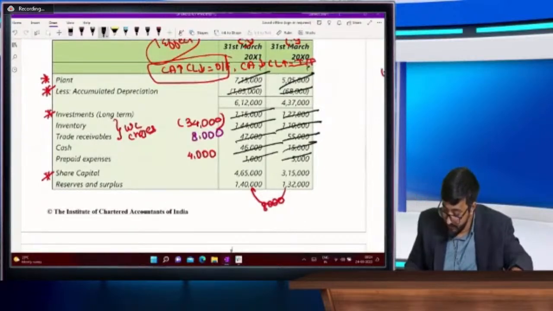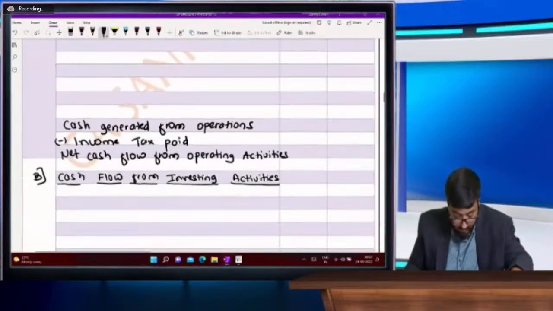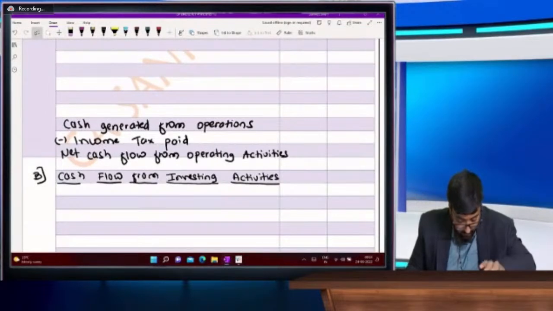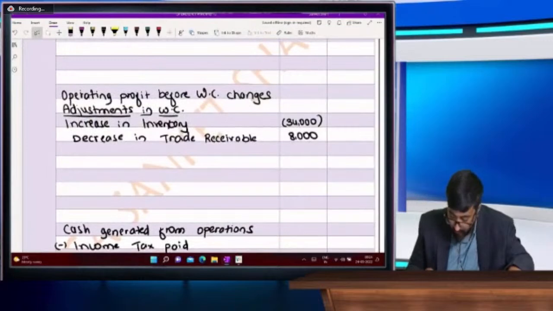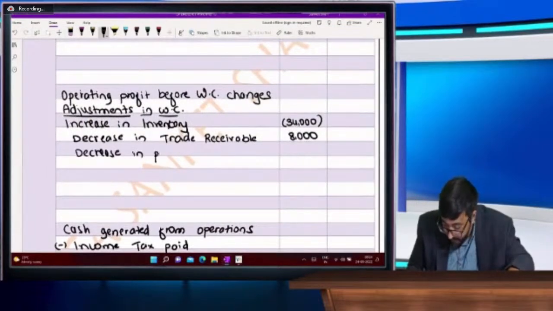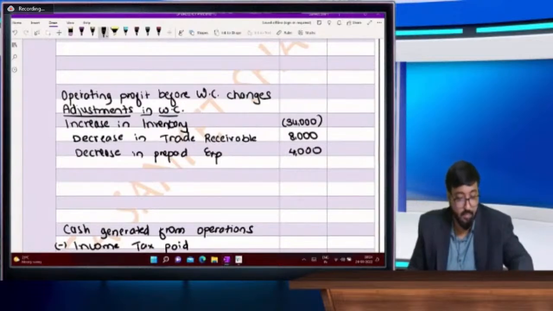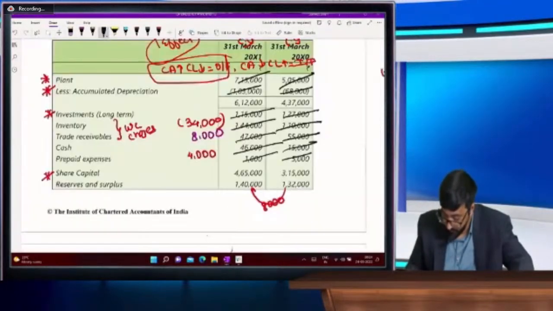Prepaid expenses, decrease in prepaid expense. All questions will be taken at the end, please. Decrease in prepaid expense 4,000. Over. Asset side over. Share capital.